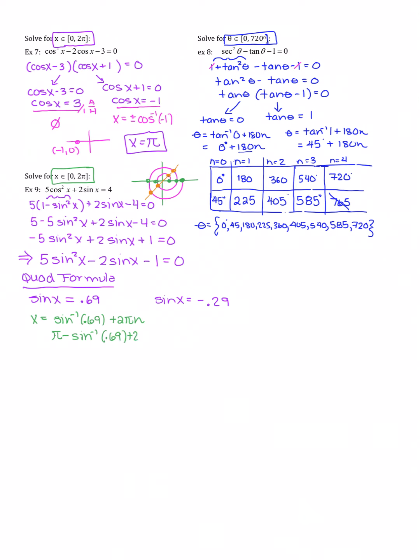So we're just going to write this out. So there's one of your solutions. The other solution over here, and again we haven't plugged it into the calculator yet, but we will. Be patient. This problem is a bit of a pain. Plus 2 pi n, and the supplement to that. Okay, negative 0.29 plus 2 pi n.